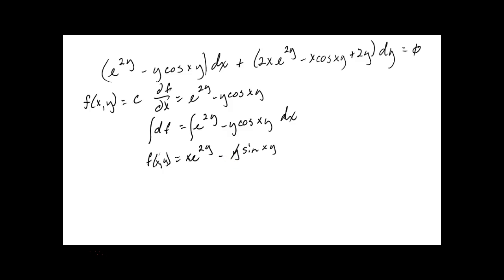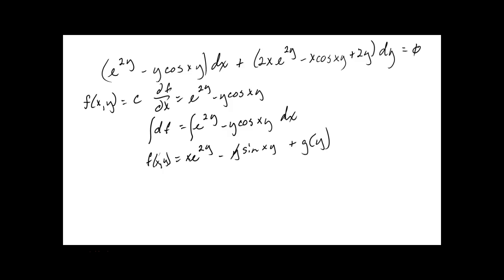Ooh, that's looking a little better, isn't it? But then, it's an indefinite integral, so what should go next? Plus g of y. Because that constant is now some function of y, because y is treated as a constant.